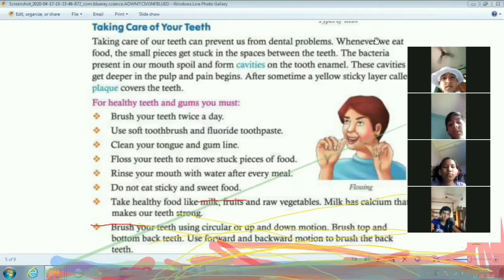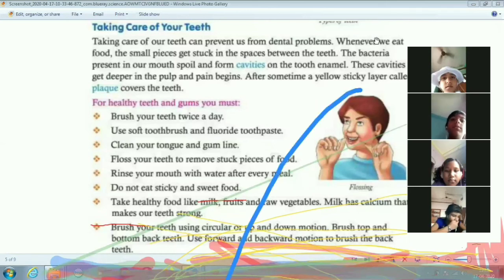But if we use fluoride toothpaste, the fluoride gives the minerals back to the enamel and creates the layer of enamel properly around the crown of our tooth. This is how the enamel can be protected.